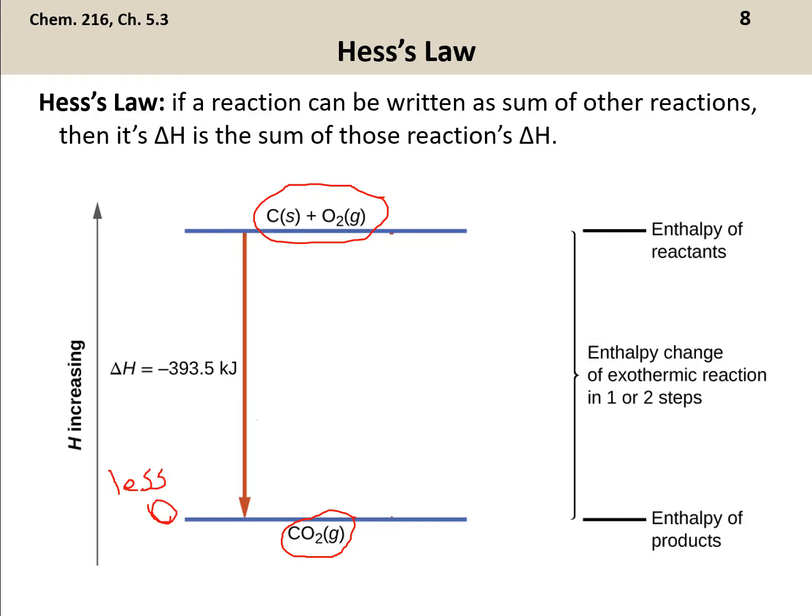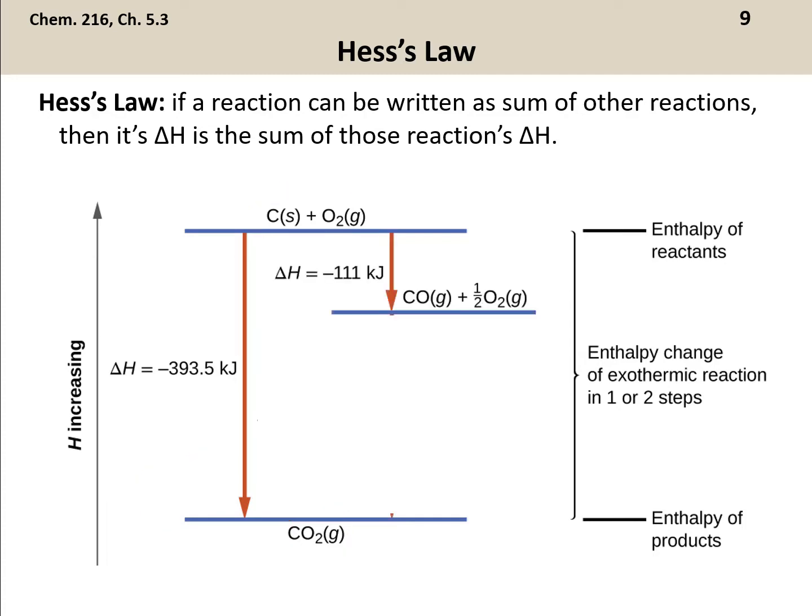But if I were to do this in 2 steps, I'd go to CO and half O2 in the first step, lose some energy, and then I'd lose the rest going to CO2, right? So the enthalpy change is the same for both, 1 or 2 steps.